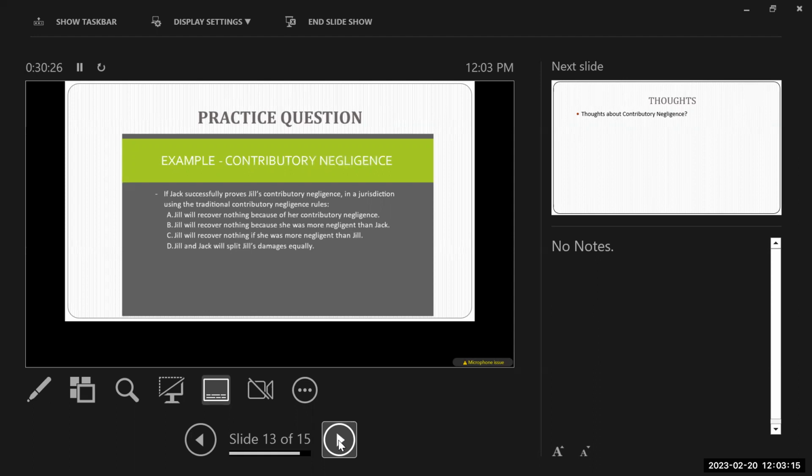So we know it's not C. Jill will recover nothing because she's more negligent than Jack. Well, there's nothing to indicate that she's more negligent, right? From the facts, there's nothing to indicate. Stay in the closed universe of the facts, right? Don't expand the universe. Stay in the closed universe of the facts. So the answer would then necessarily be A.